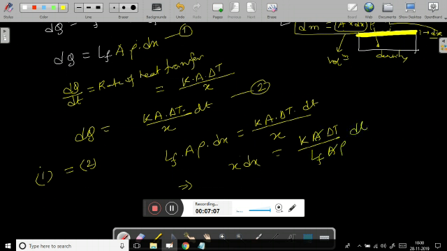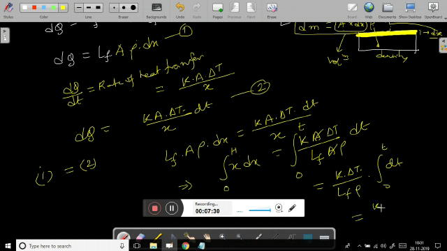A we will strike out, and we will integrate x from 0 to h, because our thickness has already been given, and here we will integrate dt from 0 to t. So here K into delta T is the constant element, and LF into rho as well, and dt is integrated from 0 to t. So ultimately it comes down to K into delta T by LF into rho is equal to t.